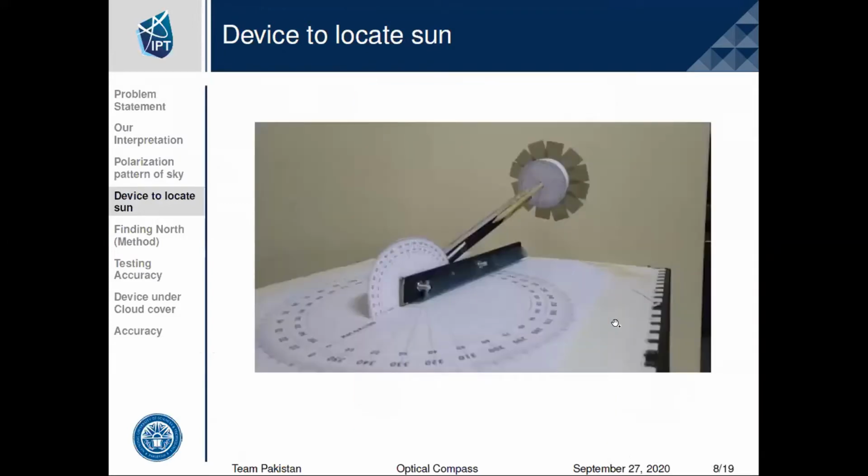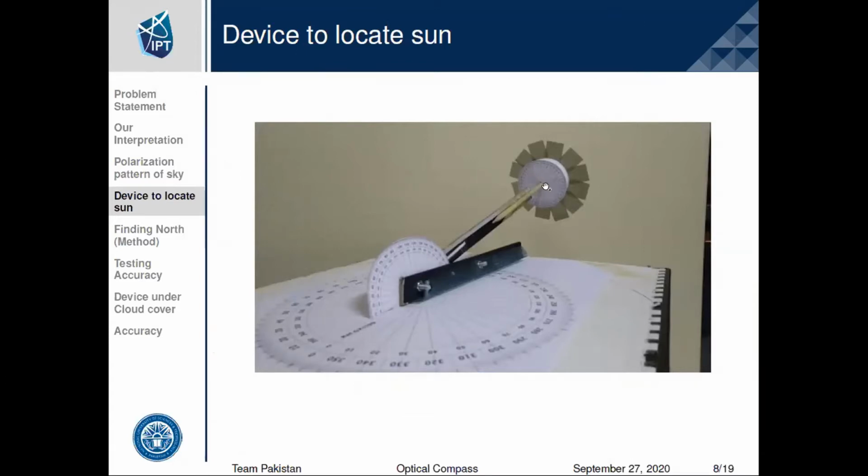So this was the basic setup of our device to locate the sun. We looked at a certain patch of sky, and we noted its theta and phi, which are spherical angles. As you can see, this larger protractor measures the phi direction, and this smaller protractor measures the theta direction of the spherical coordinate system.